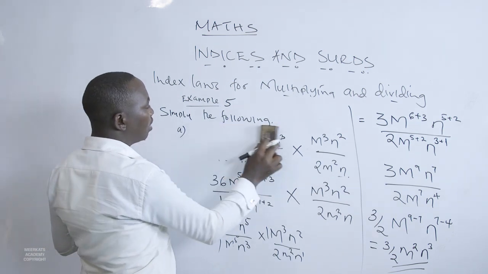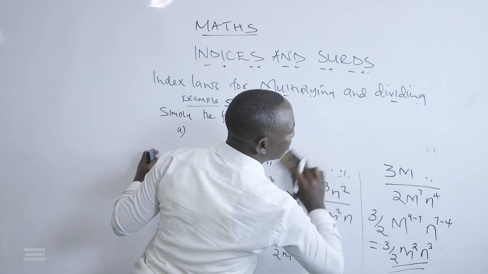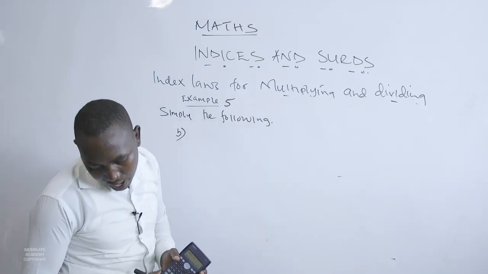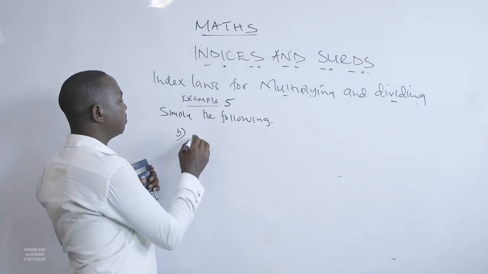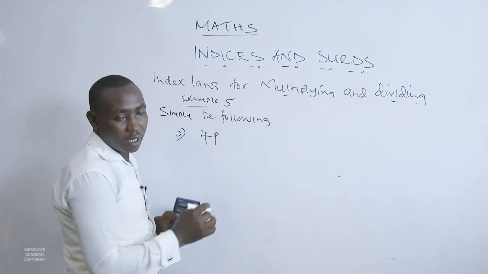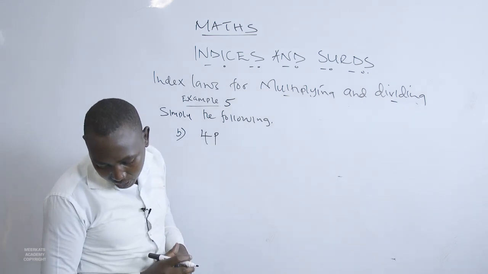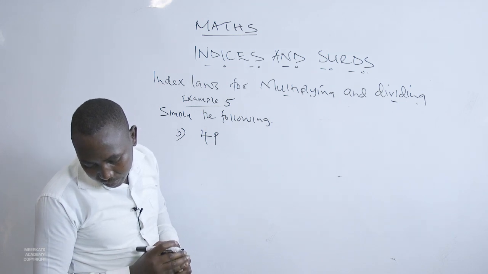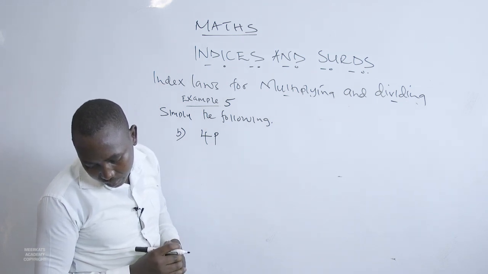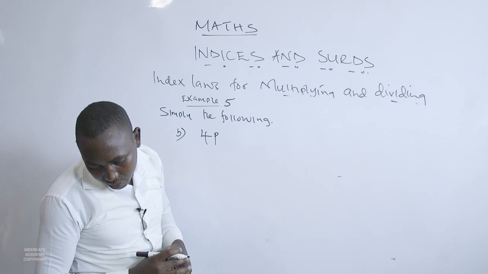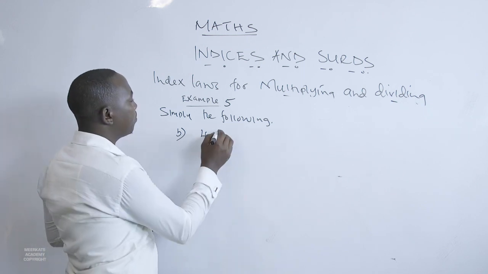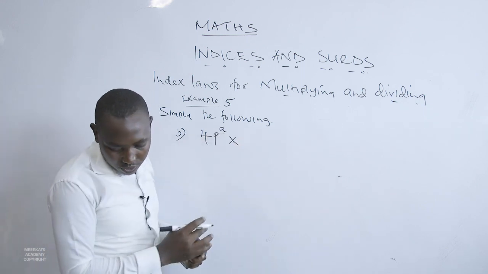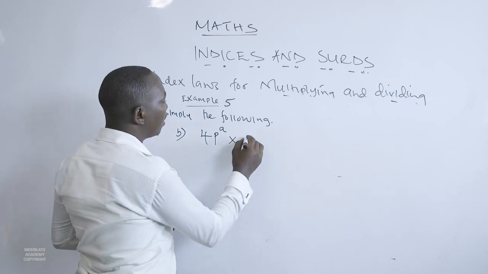But want to see part B of this question. We have 4p raised to a, multiplied by 5q.